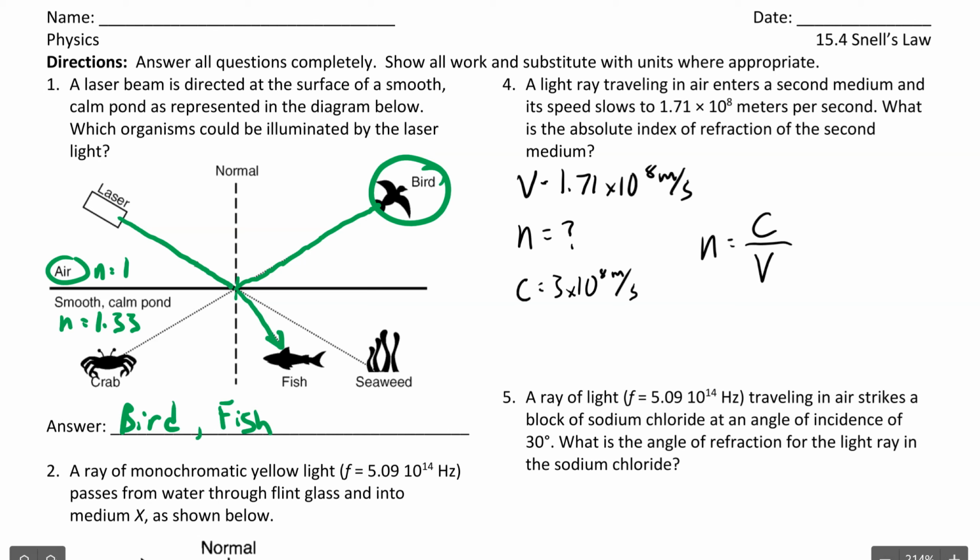It slows down. Well, this number is a way to measure or describe how much that light slows down. And as you can see, the reason we do that is because it's useful for Snell's law. So you get n is equal to about 1.75, and there's no units for the index of refraction, so that's that.